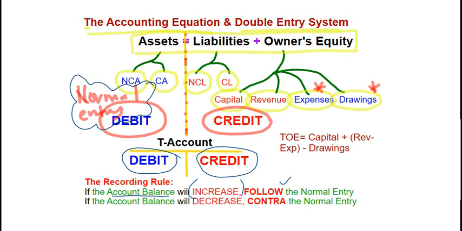So if we follow, it means if it is normally debit, we just debit the same account. The next thing, if the account balance will decrease, the rule is for you to do the opposite, or contra, of the normal entry for that particular account. Let's look at some examples.